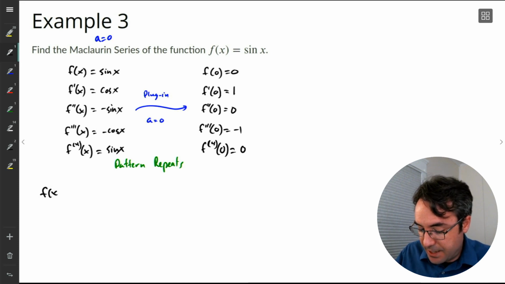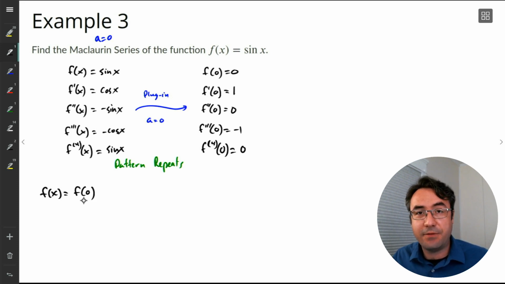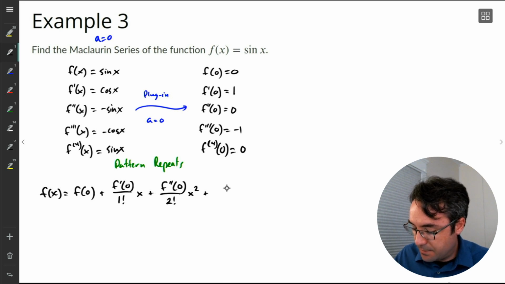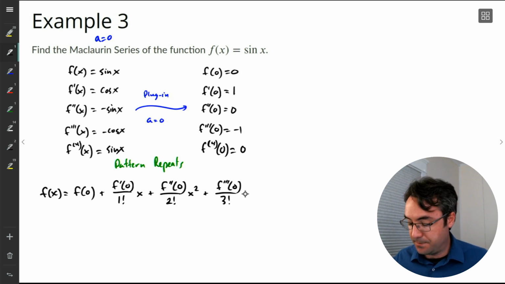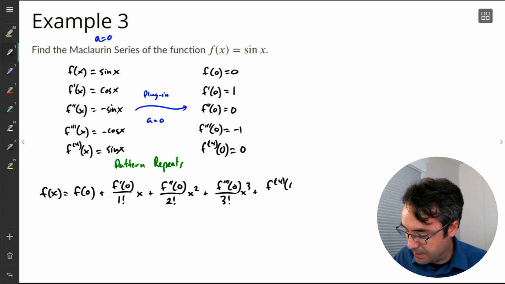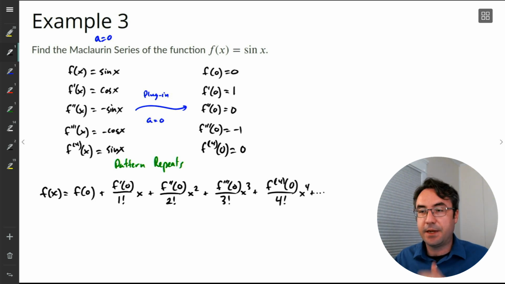Our original function f of x is going to be equal to f evaluated at our a value, 0, plus the first derivative evaluated at 0 divided by 1 factorial times x, plus the second derivative divided by 2 factorial times x squared, plus the third derivative divided by 3 factorial times x cubed, and then the fourth derivative evaluated at 0 divided by 4 factorial times x to the fourth. And it keeps going like this.